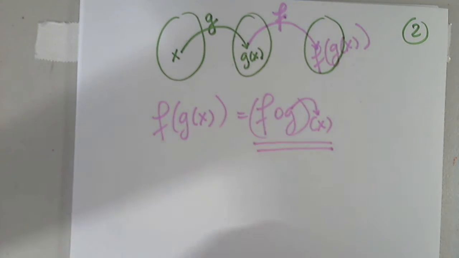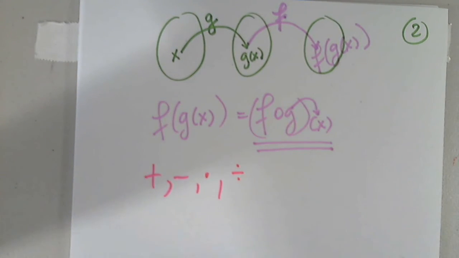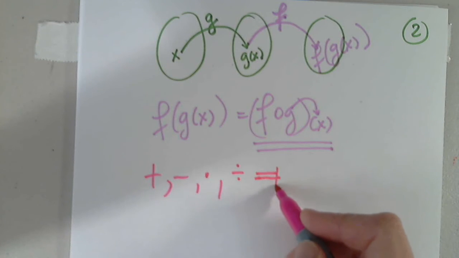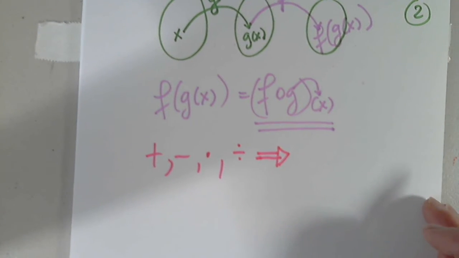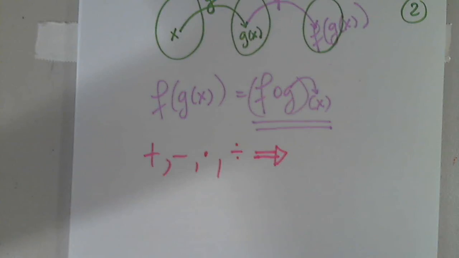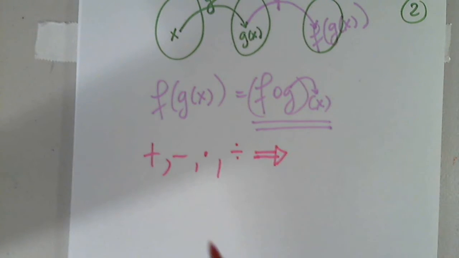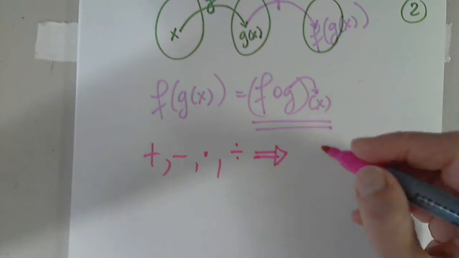Remember when we talked about the sum, the difference, product, and ratio? What was an important topic that we had to determine when we added, subtracted, multiplied, or divided functions? What was important to know if the functions that were given to us had what?